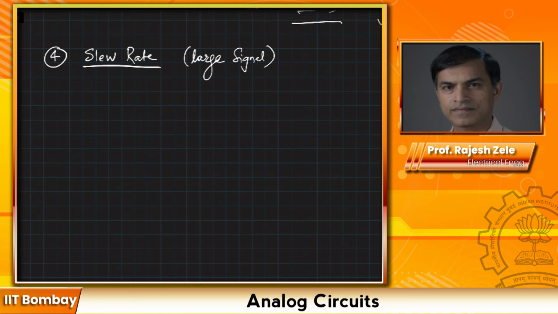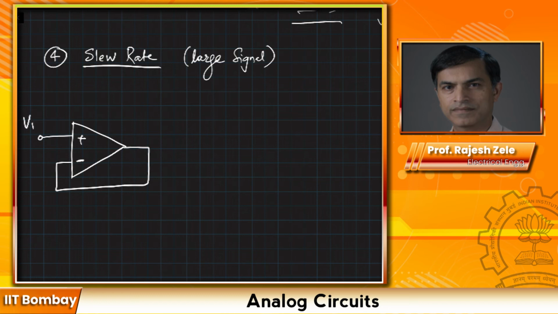Let's say the input changes in this fashion, which means I am applying a step signal at the input Vin. Now, if this amplifier was ideal and it had no limitations, then we expect the output to look exactly the same as the input, except for the gain AV. The output should change exactly this way.